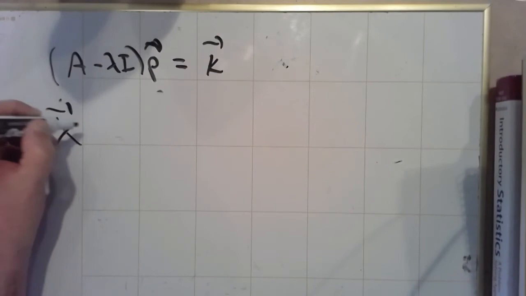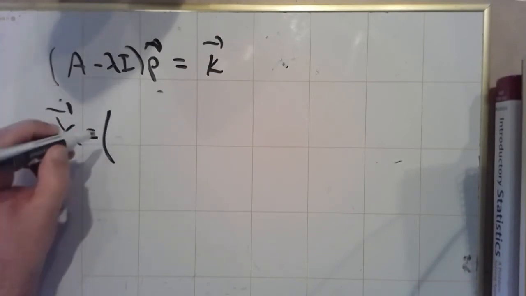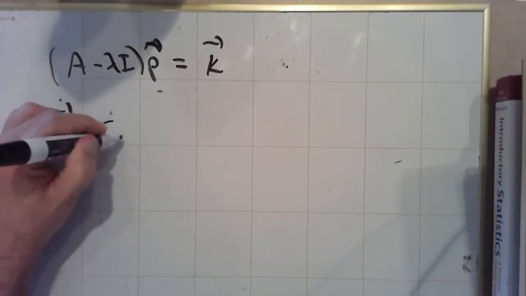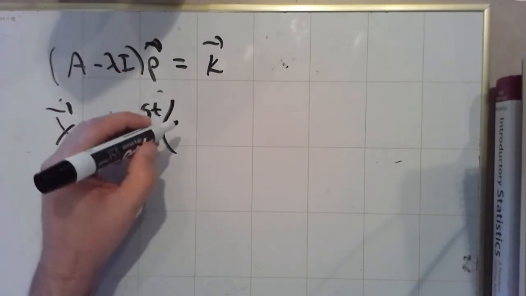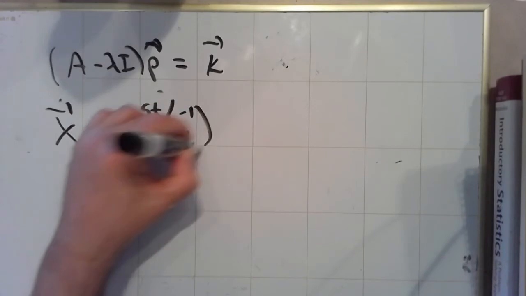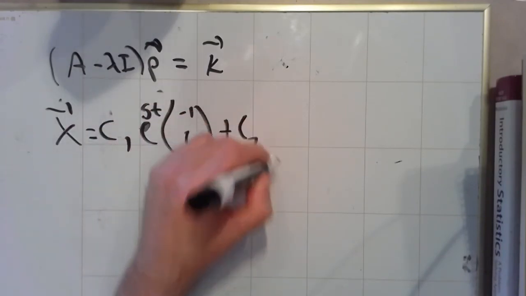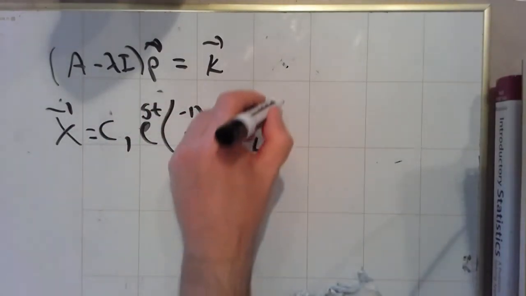So our general solution is x equals C1 e to the 5t, negative 1, 2, plus C2 times all of this.